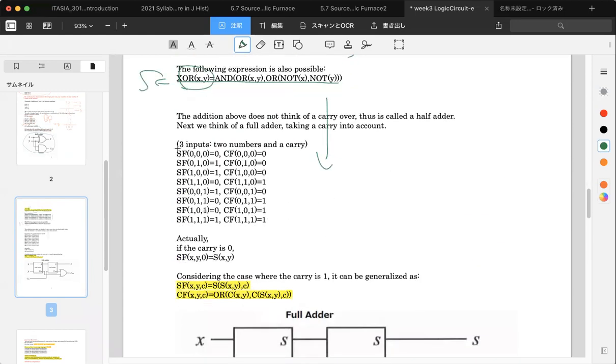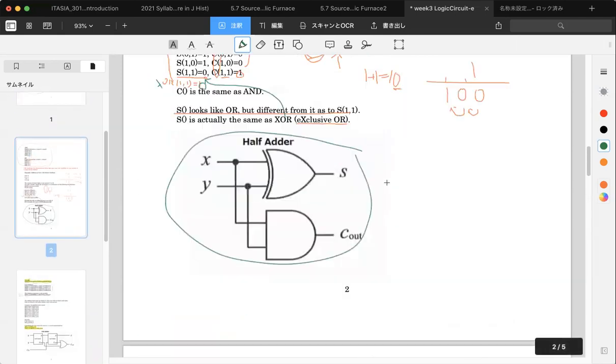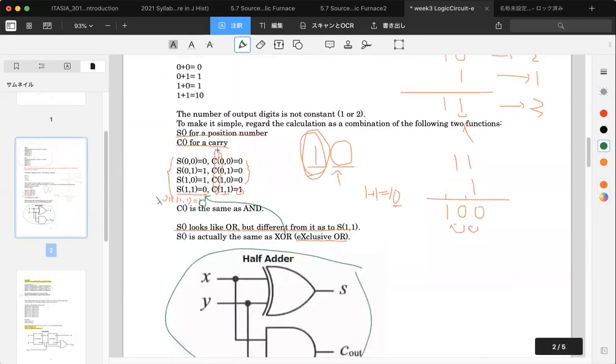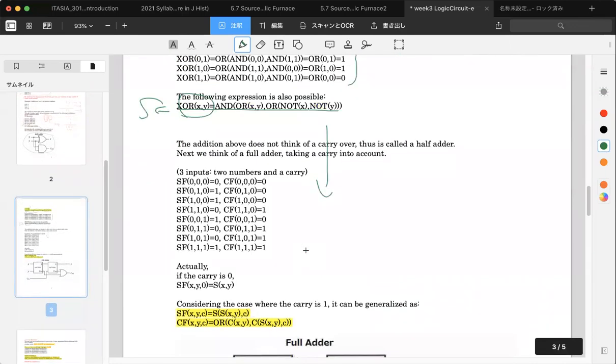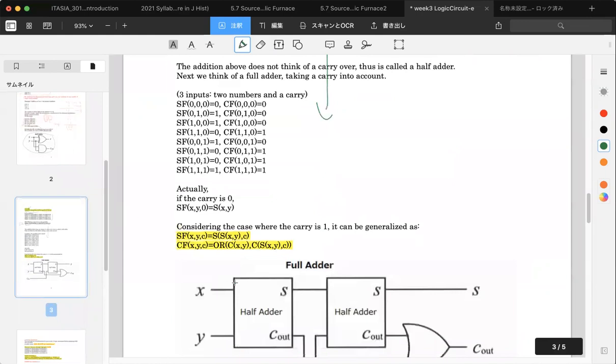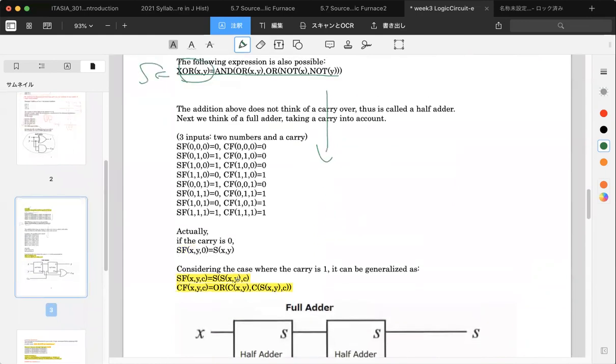And here it suggests a situation when there are three inputs. Because previously we have two inputs, but in actual normal cases we can get tons of different inputs. Here is an example when there are three inputs, meaning that we have three different things and we need to do a calculation between them.